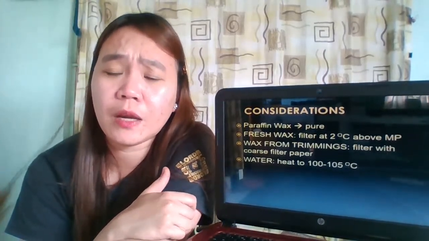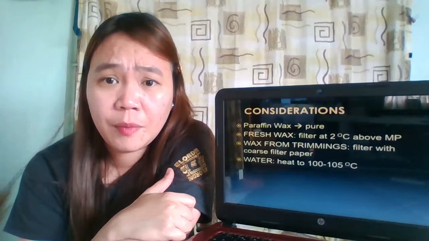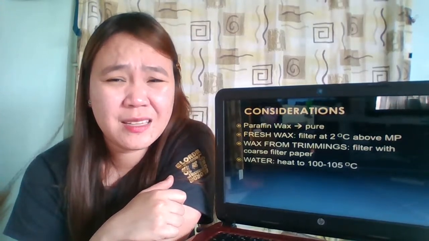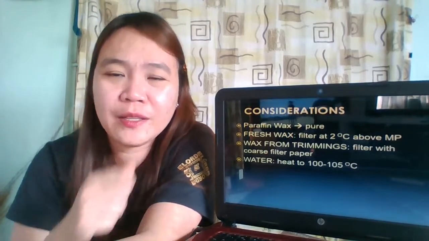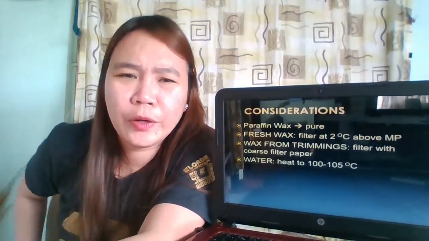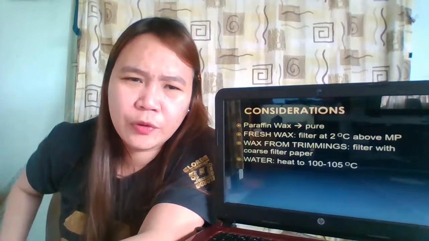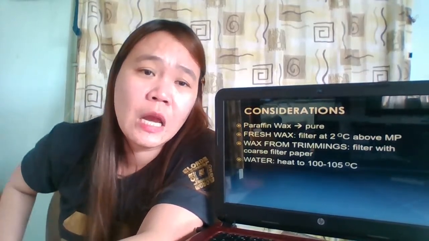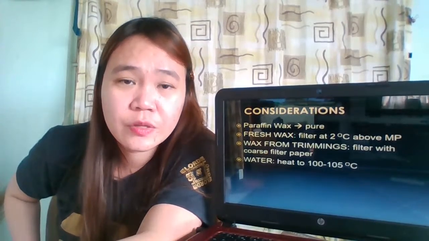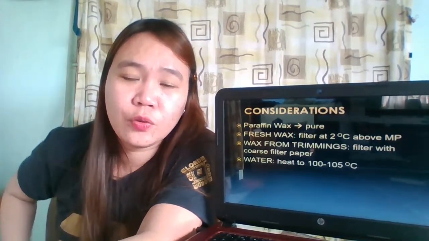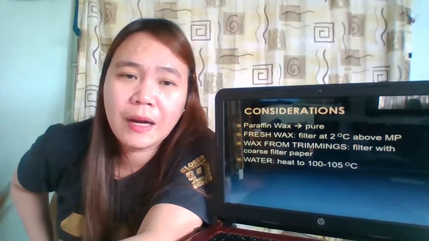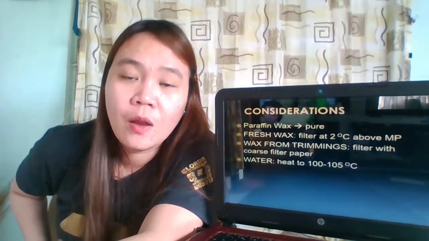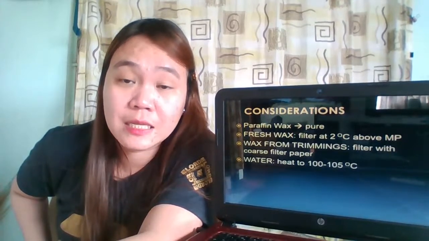Remember the boiling point of water: in order to evaporate water, we make use of its boiling point, which is 100 degrees Celsius. To remove it completely from your paraffin, you have to boil it at 100 to 105 degrees Celsius.